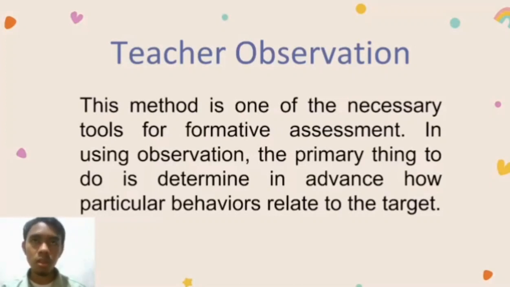For example, in the teacher's observation, the teacher may observe that one student is having depression or anxiety in their classes. So teacher observation helps the teacher essentially in observing what the students manifest in their behaviors.